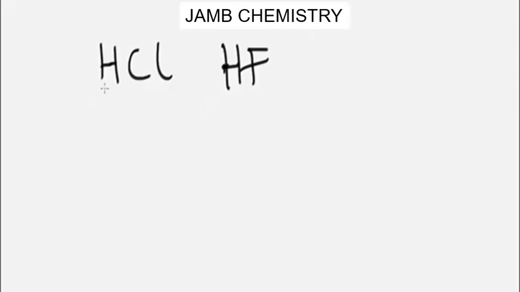Another reactivity of group 7 elements you need to know is that halogens form ionic bonds with metals. This is very, very important. A typical example is sodium chloride.